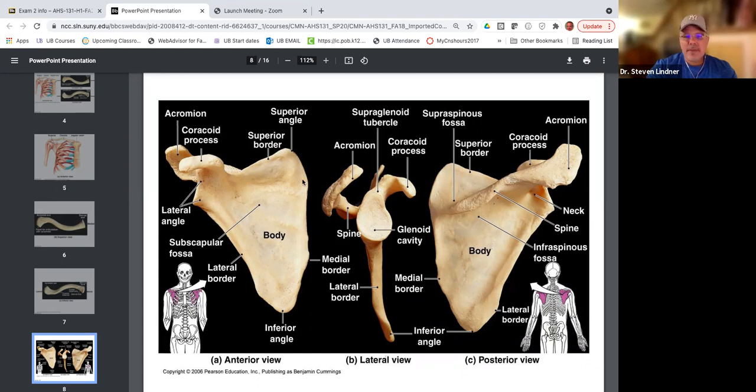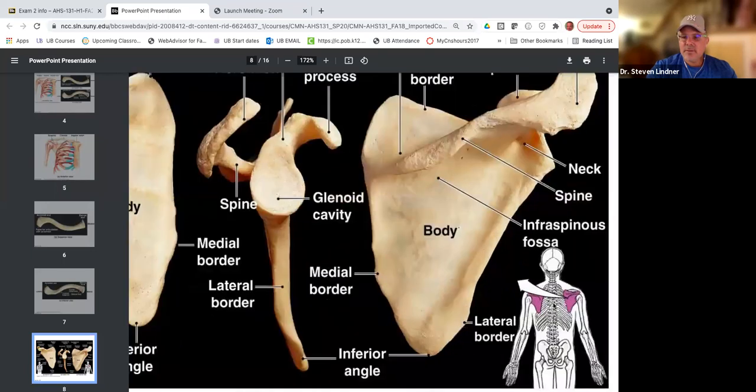Since the medial border is closer to the spine, it's also known as the vertebral border, whereas the lateral border, since it's closest to the armpit, is referred to as the axillary border. Remember, the axilla is the armpit.